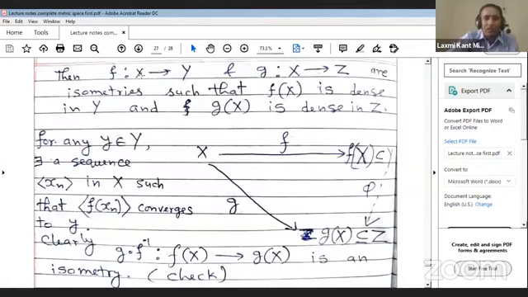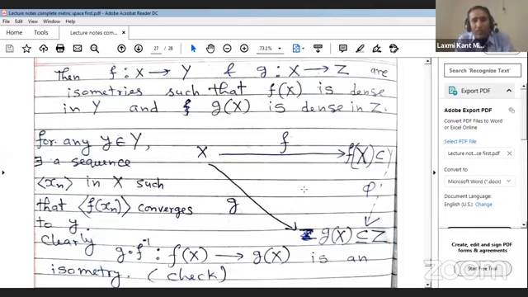Then we have two isometries f from X to Y and g from X to Z, such that f(X) is dense in Y and g(X) is dense in Z. Now we have to find a bijective isometry from Y to Z. If we take any element y inside capital Y, clearly f(X) is dense in Y. So we have a convergent sequence in f(X) which converges to y, and the sequence in f(X) is of the form f(xn).